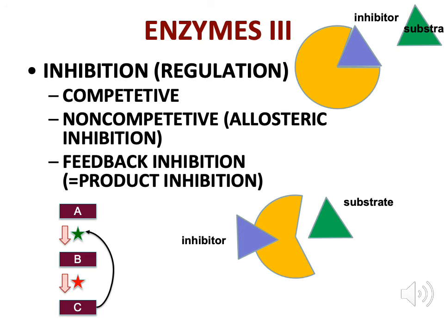The lower illustration shows an active site that is rendered inactive because of this inhibitor binding at some other completely different place. That is sometimes also called allosteric inhibition, so definitely make sure you connect that name, allosteric inhibition, with non-competitive inhibition. They are essentially one and the same.